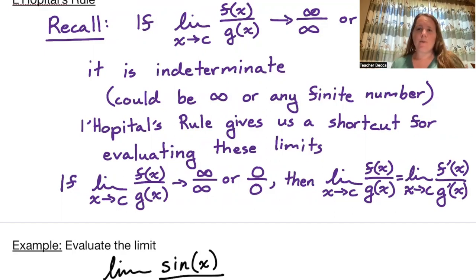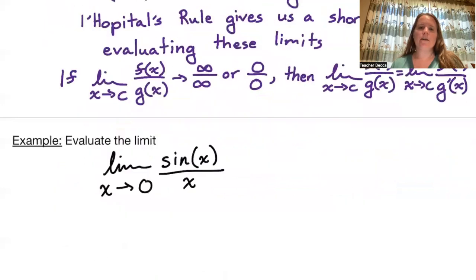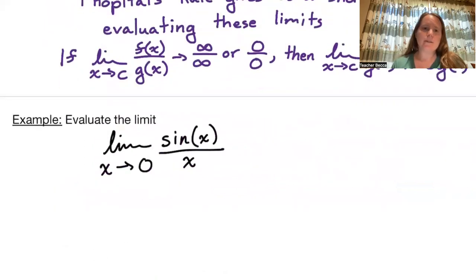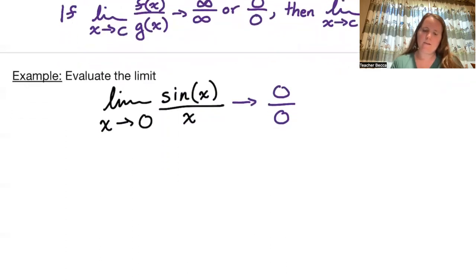So for example, let's consider the limit as x goes to 0 of sine of x over x. This was one of our special limits from earlier in the course. Sine of x goes to 0, x goes to 0, so this is a 0 over 0 case. Since we have 0 over 0, that means that we can apply L'Hopital's rule.